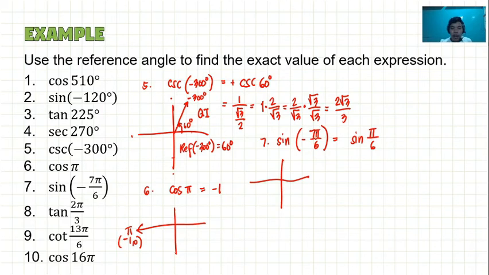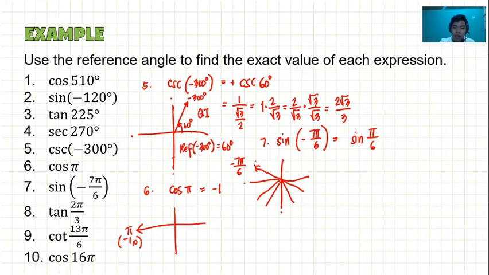Negative 7 pi over 6, so we count 7 pi over 6, and our rotation is clockwise. So we have 1 pi over 6, 2 pi over 6, 3 pi over 6, 4, 5, 6, and 7. So this is negative 7 pi over 6.